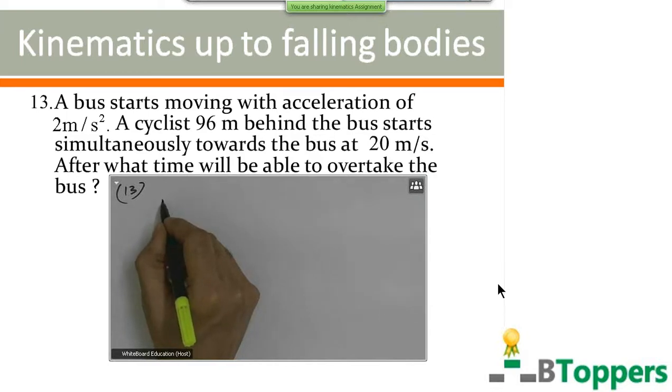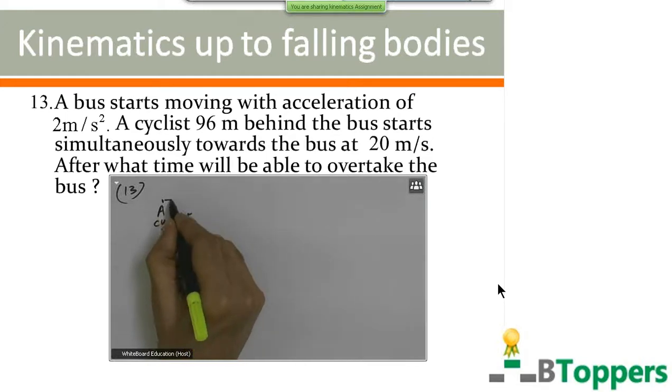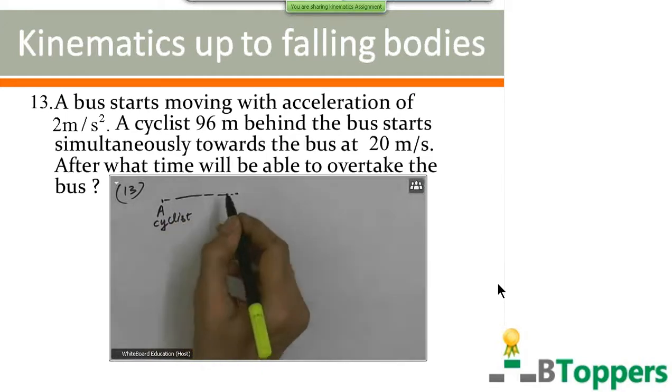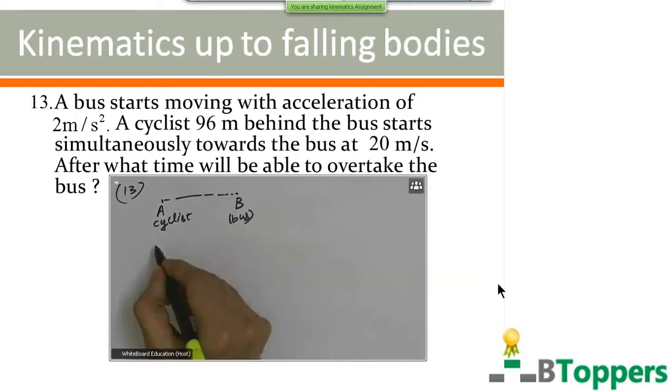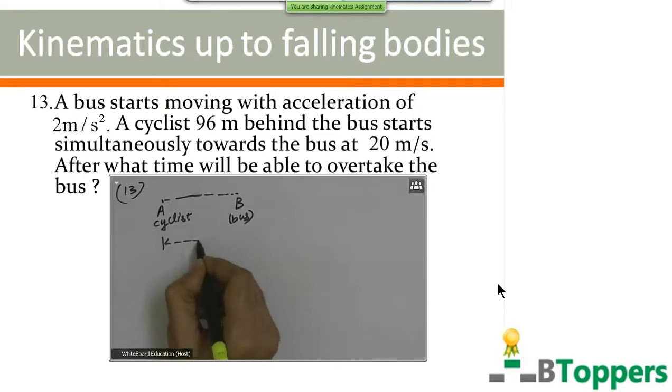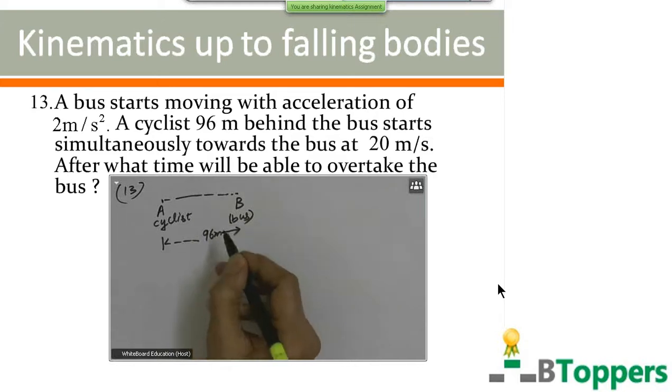So let us suppose A is the initial position of the cyclist and let B be the initial position of the bus. Initially the cyclist is at a distance of 96 meters behind the bus.